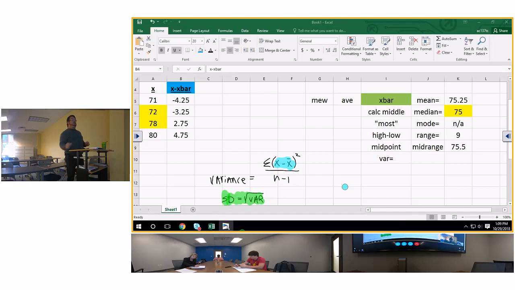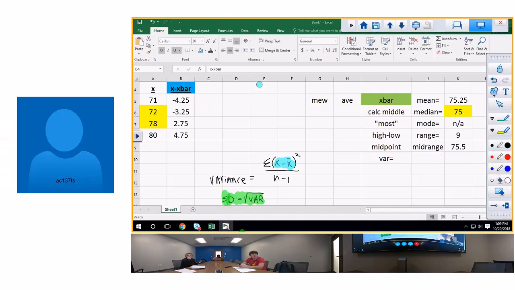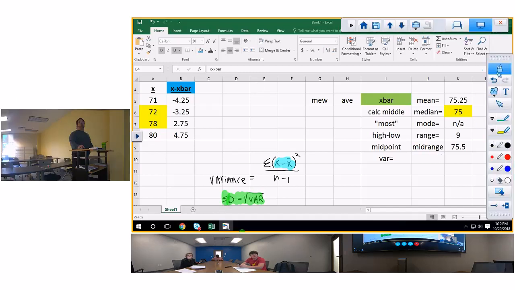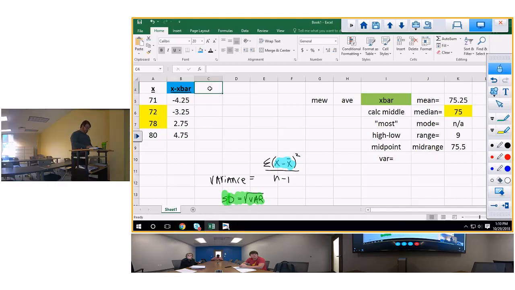Okay, now what do we do after that? X minus X bar, what do we do? It has to be squared. So I'm going to make the next column, and we're going to call this column parentheses X minus X bar, quantity squared.